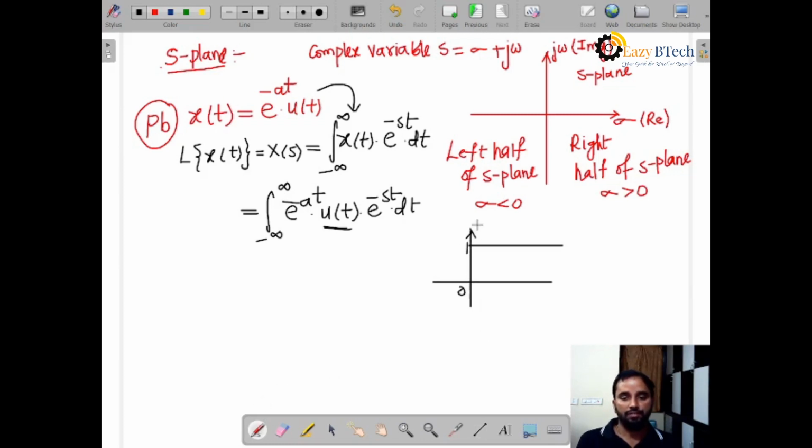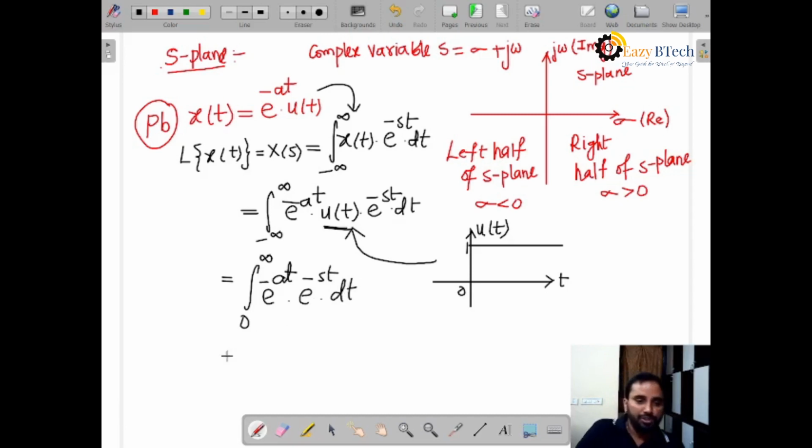The value of u of t is 1 from 0 to infinity. So according to u of t, the integral limits we can write as 0 to infinity, because from minus infinity to 0, u of t is 0, so there is no need to do that integral. So e to the power minus at into e to the power minus st dt.